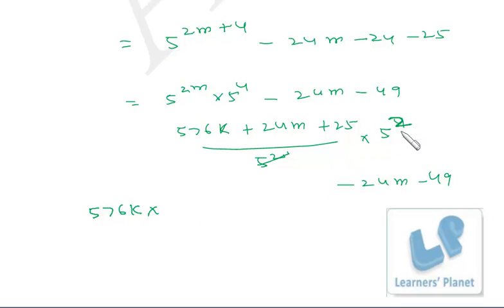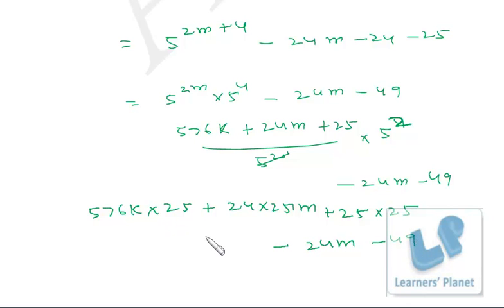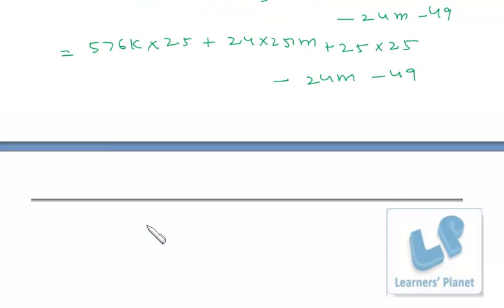576k into 25 plus 24 into 25m plus 25 into 25 minus 24m minus 49. Okay, this statement is converted to this. Now this is 576k into 25 plus, here it is 24 into 25, that is 600m, minus 24m.